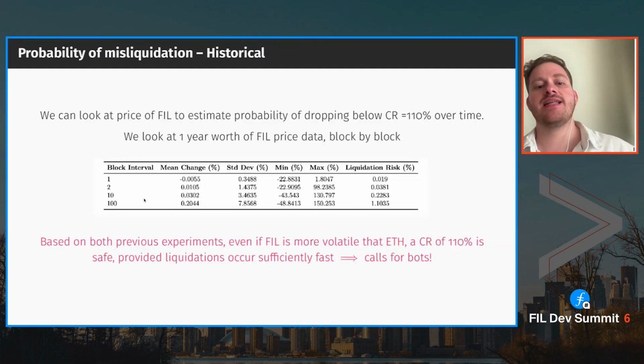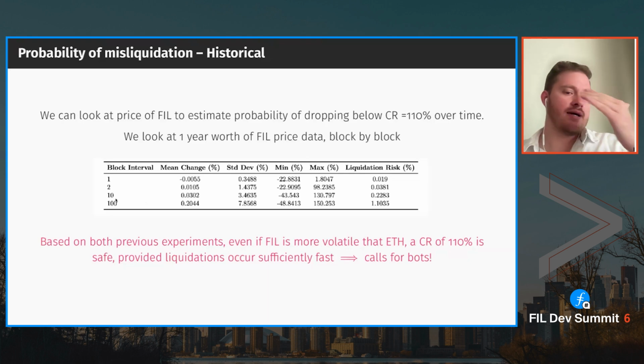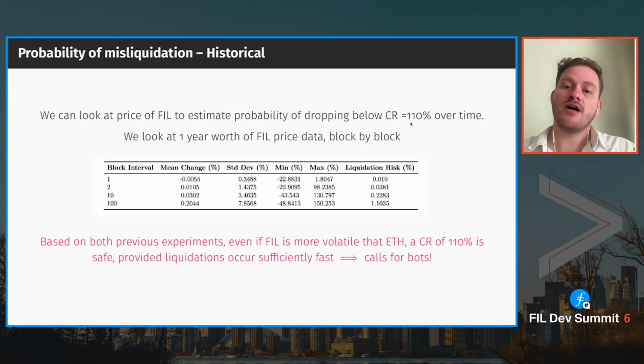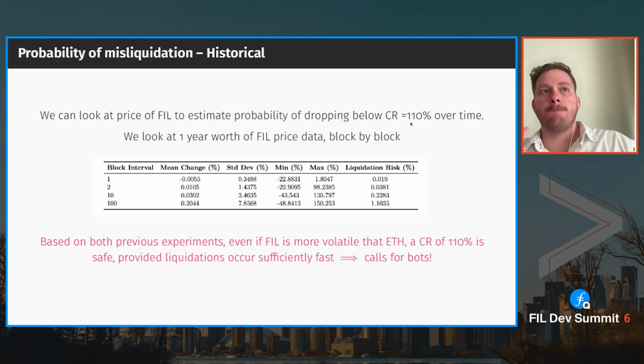And what we see is that even for a 100-block interval, which is fairly significant, the probability of having a decrease in price that is so large that it might create a misliquidation, right? That it would make some positions be worth less than 100% collateralization is very, very small. It's about 1%.